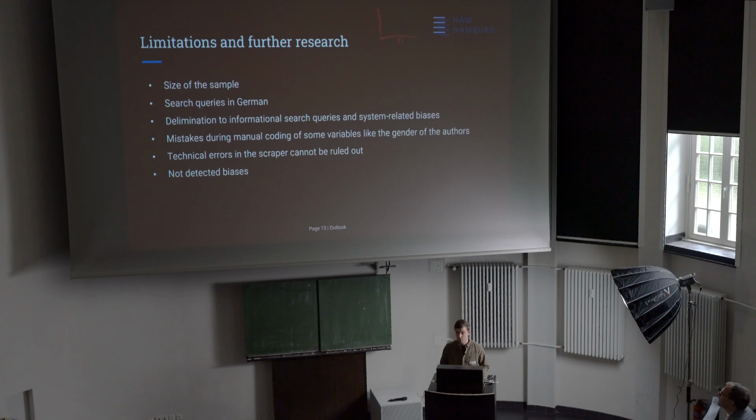We only looked for biases in informational search queries and system-related biases. It's possible that we made mistakes when we manually coded some of our variables like the gender or basic classifications. We cannot rule out technical errors in the scraper.